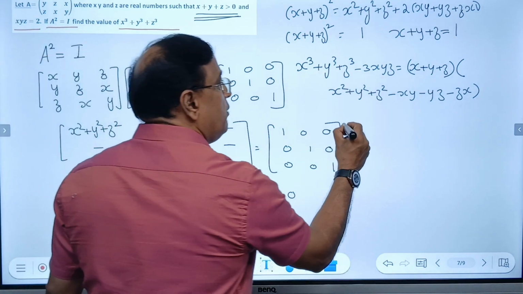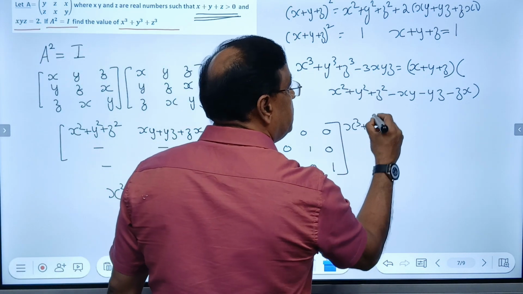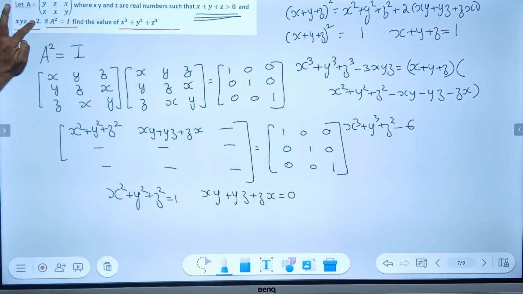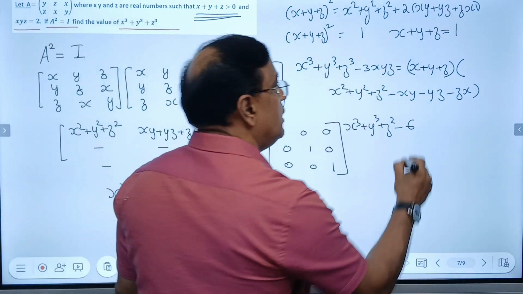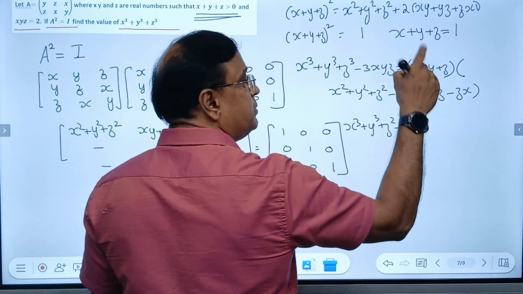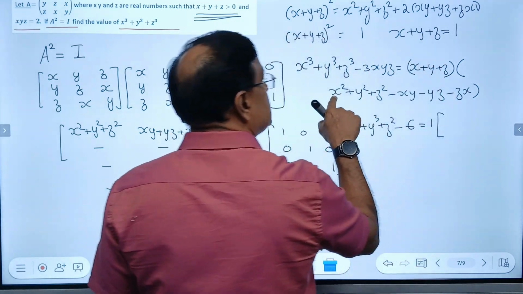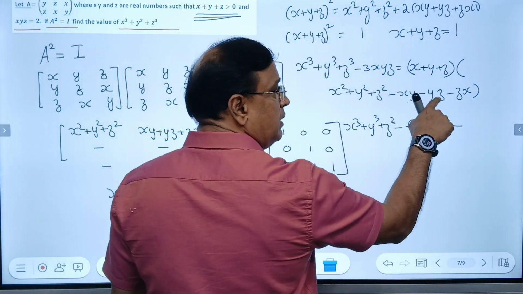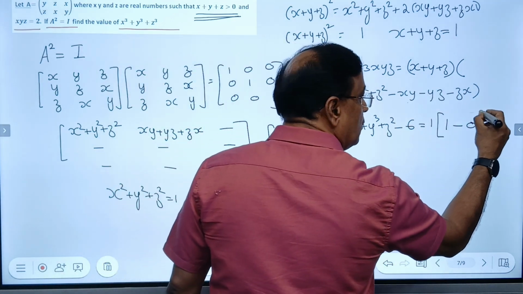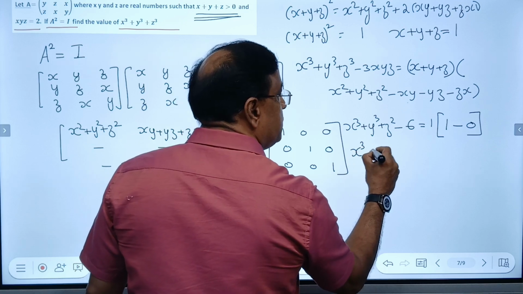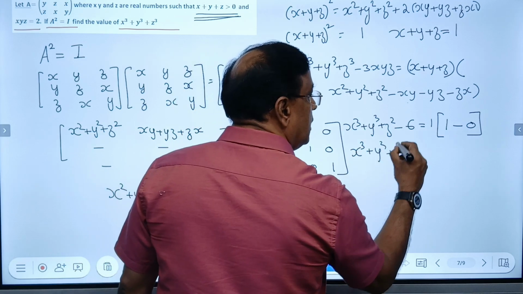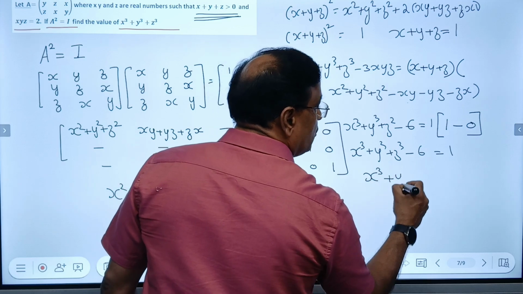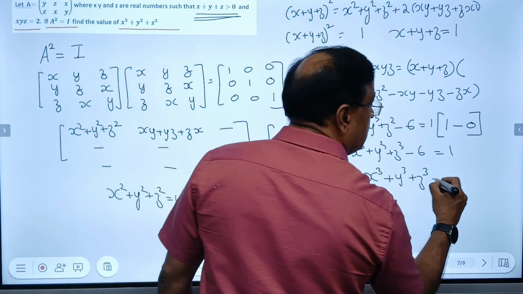Now from this you have x cube plus y cube plus z cube minus 6, since xyz is 2, so 3 into 2 is 6, equal to, and you know x plus y plus z is 1. And x square plus y square plus z square is also 1. And minus xy plus yz plus zx is 0. So I get x cube plus y cube plus z cube minus 6 is equal to 1. Therefore, x cube plus y cube plus z cube equal to 7.